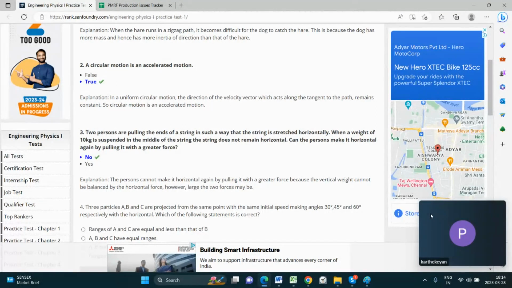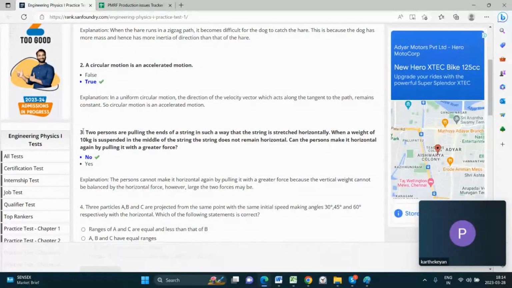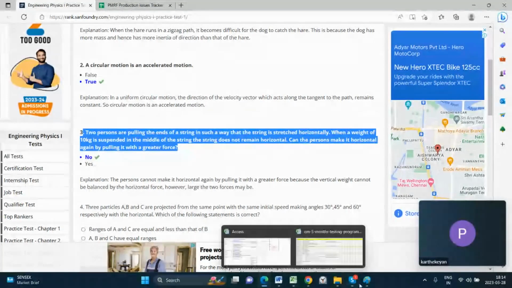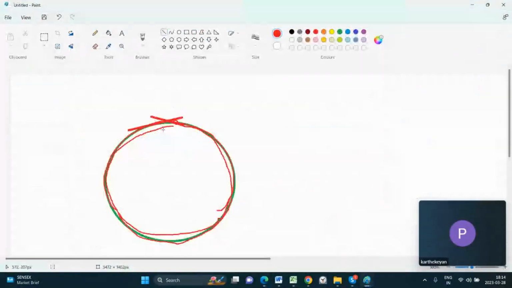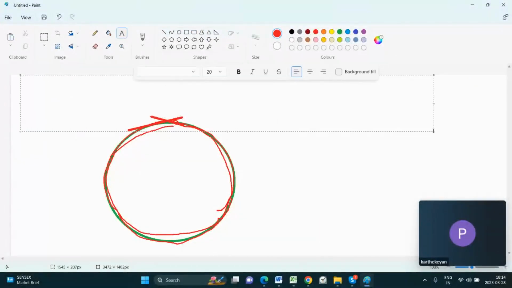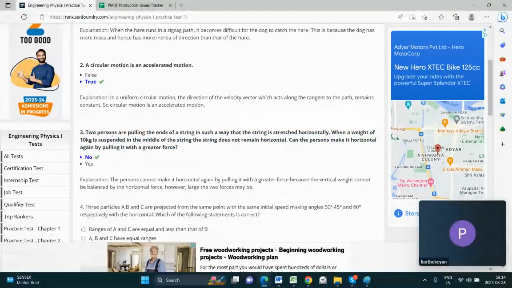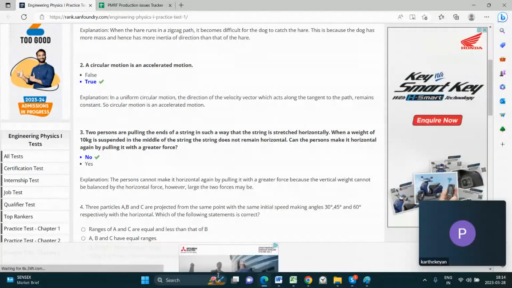Now the next one is: two persons are pulling the ends of a string. I will take this. Copy it here. Two persons are pulling the ends of a string, one from each side.